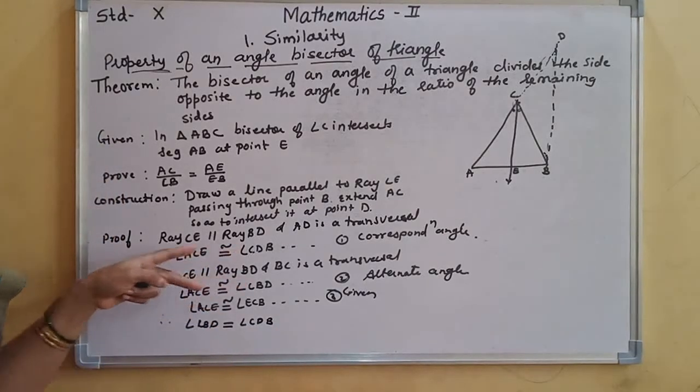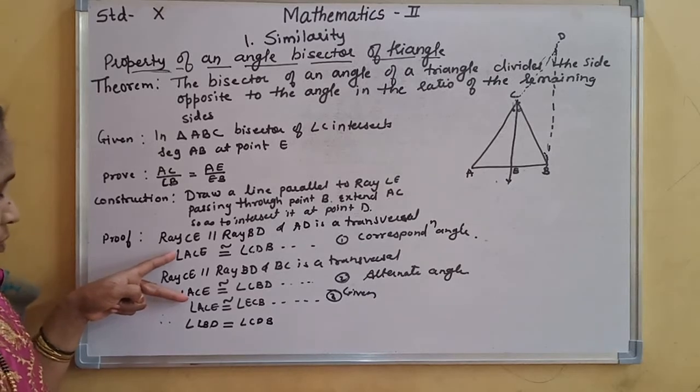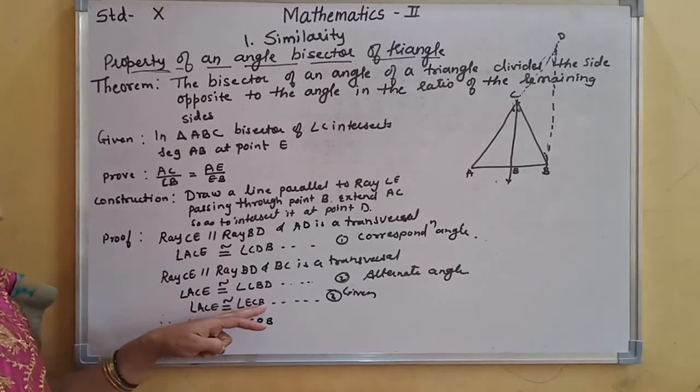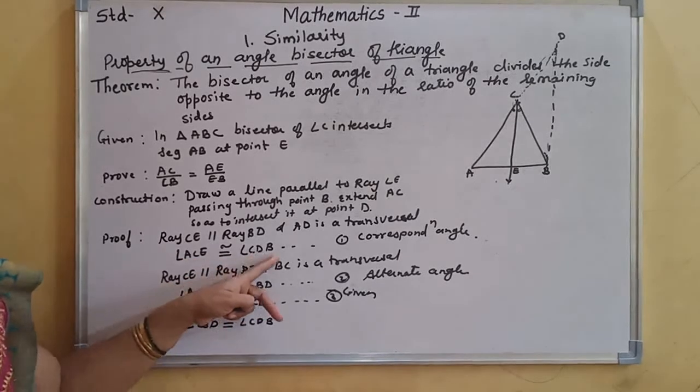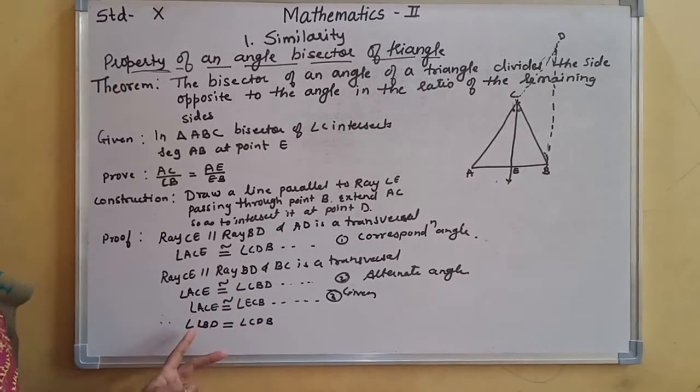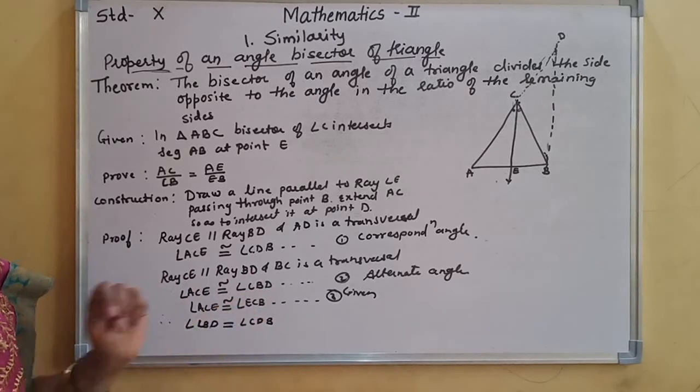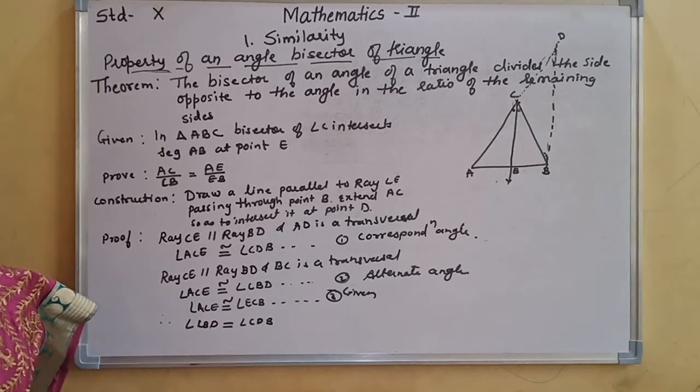See, these two angles come from 1, 2 and 3. Now this angle ACE is equal to ECB, as said, so that is equal to angle CDB. So angle CDB is equal to angle CBD.